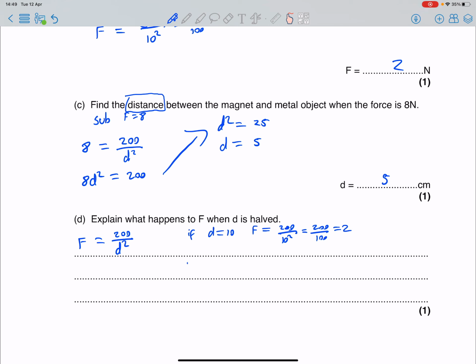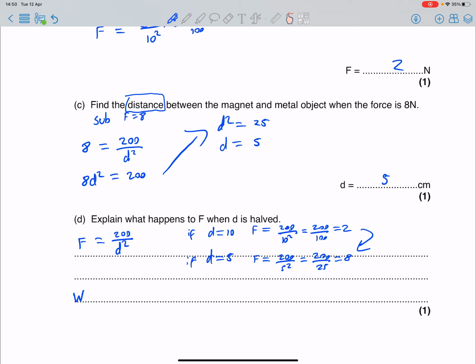And then if d is halved, so d is 5 now, then f equals 200 over 5 squared, which is 200 over 25, which is equal to 8. Look what happens. It gets multiplied by 4.